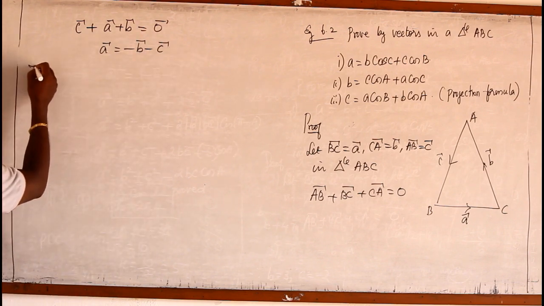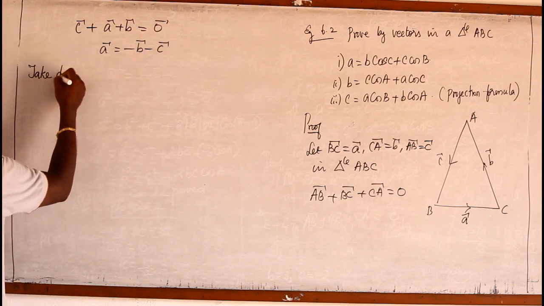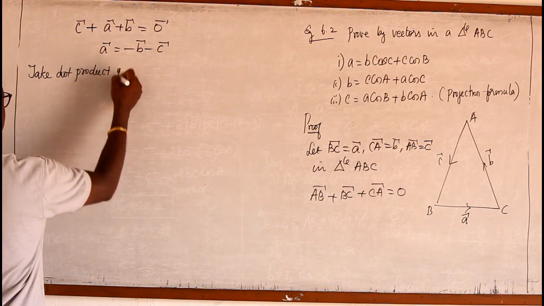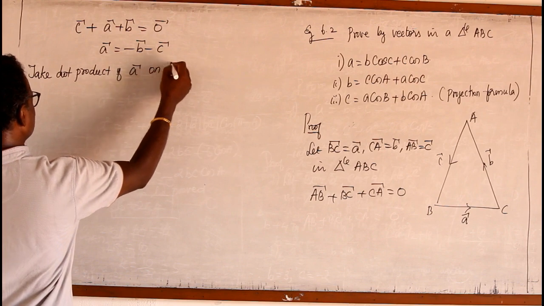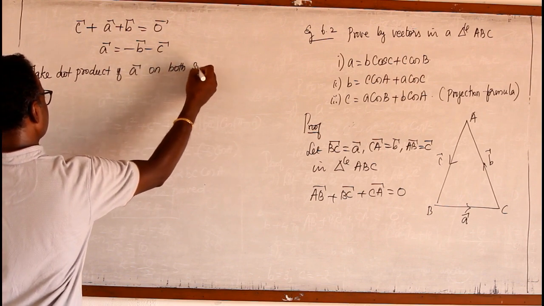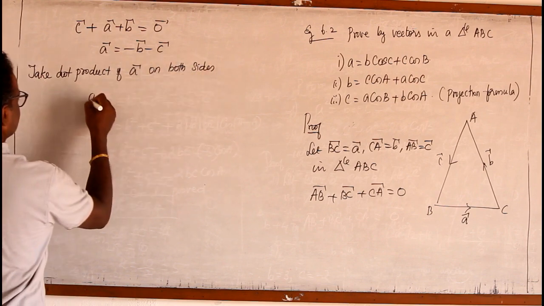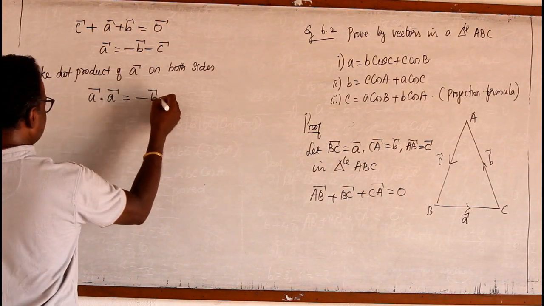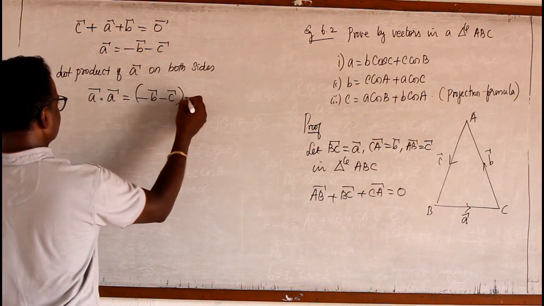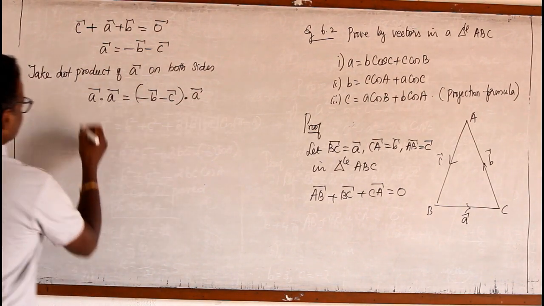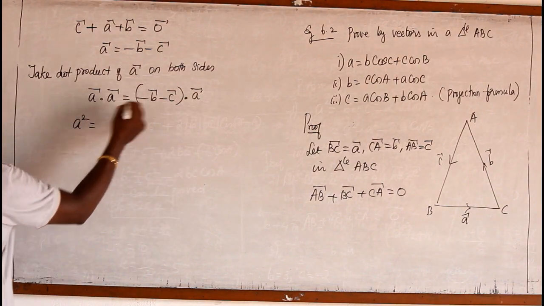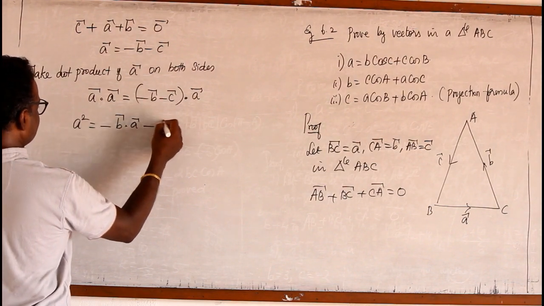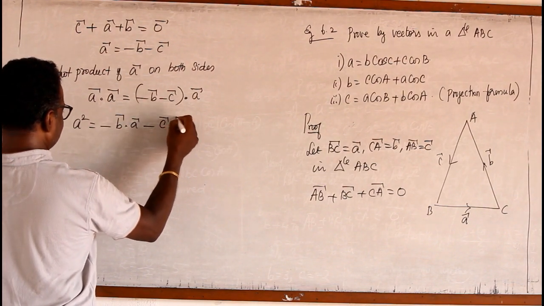Now let me take the dot product of a vector on both sides. That is a dot a equals (−b − c) dot a. Then this is a², and we can write it as −b dot a − c dot a.